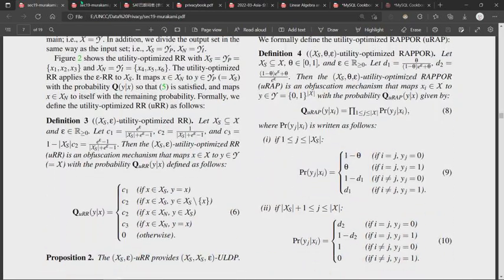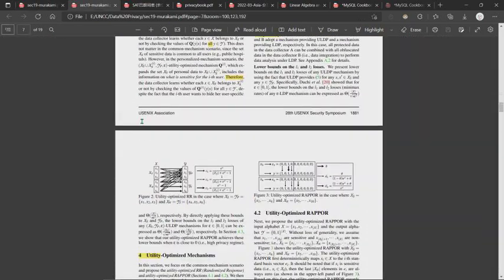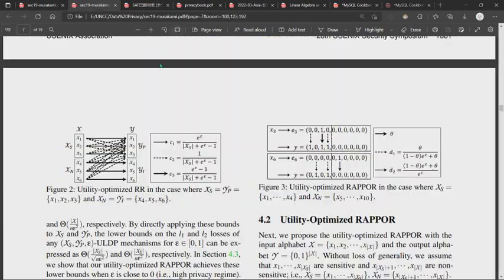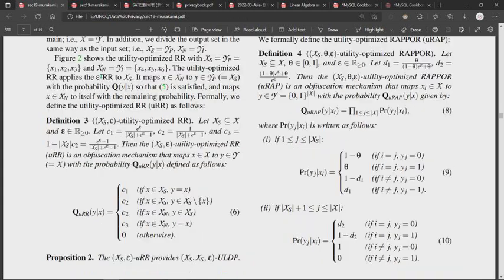This one. Figure 2 shows the utility of maze with X.